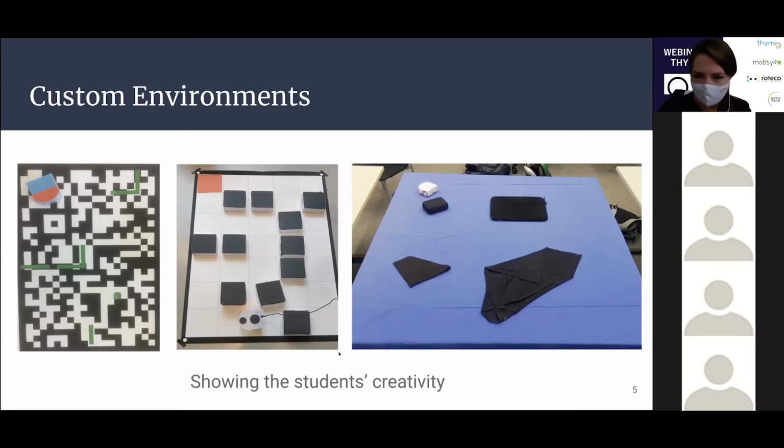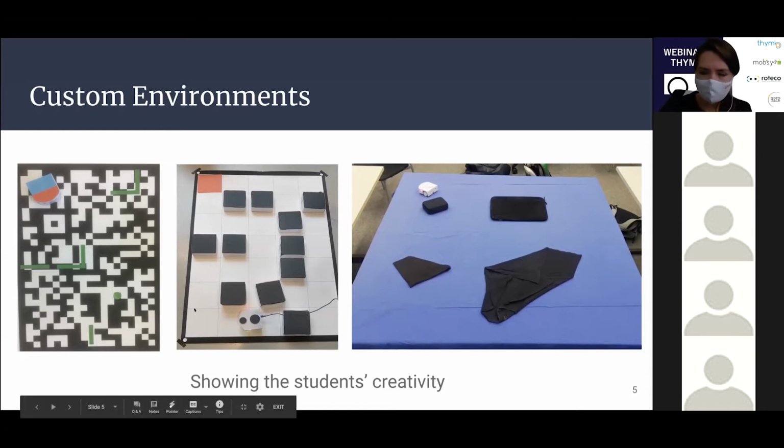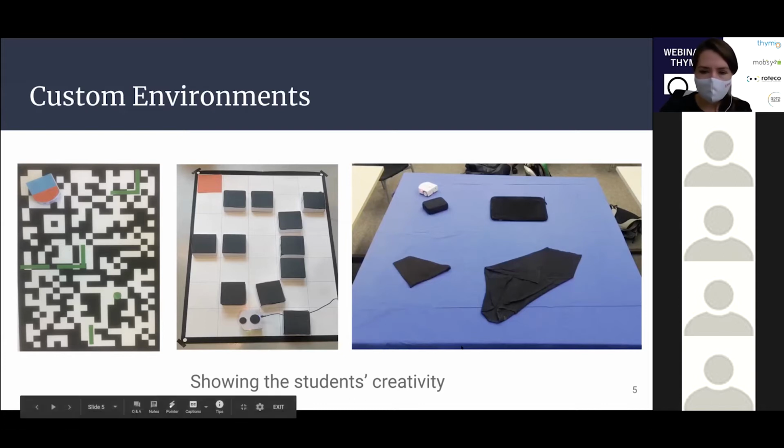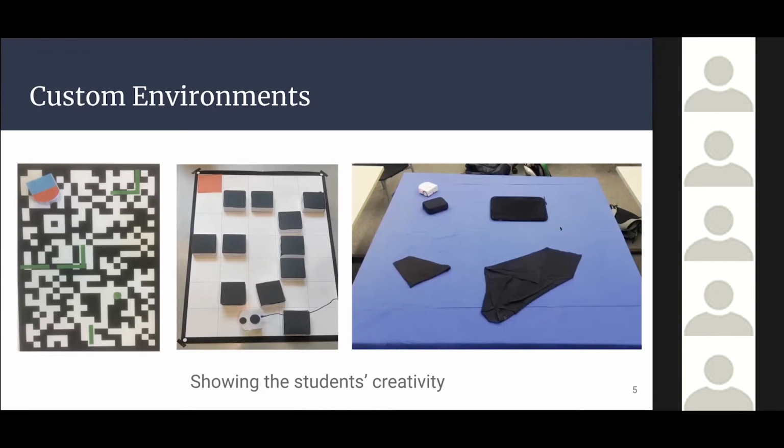Over here, you have a white sheet where the students put black boxes on top to create the permanent obstacles in their environment. And over here, this group basically took a bed sheet and added random black obstacles of any shape onto the sheet to create their environment.